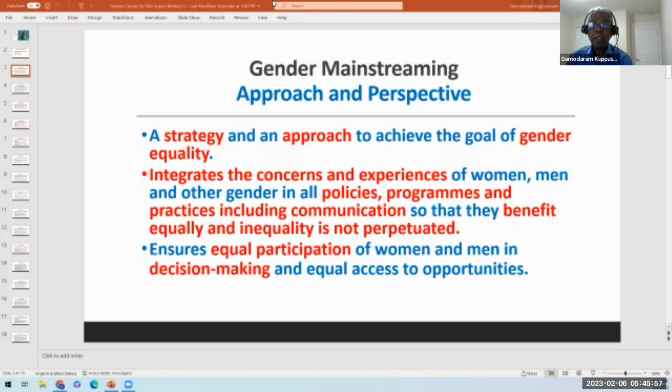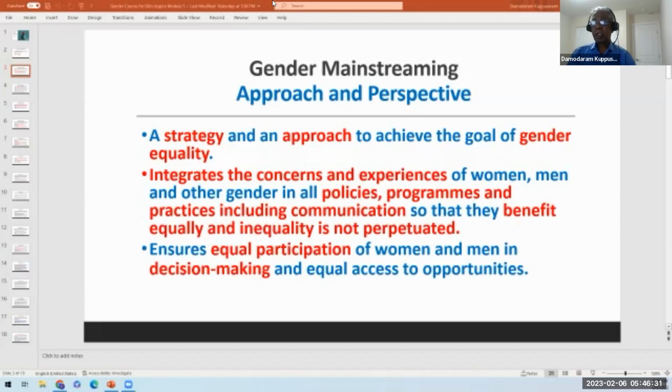So whatever we say on gender inequality or transforming gender relations needs to be not a separate matter, but a main part of the programs and policies that we have. Given that, I think we have already said it is seen as a strategy for gender equality, and many of you have emphasized this.